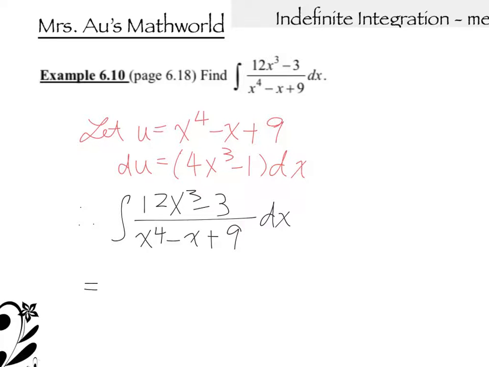So integrate, you get 4 du divided by u. Then this is 4, you can put it outside, and then you can take log for it.